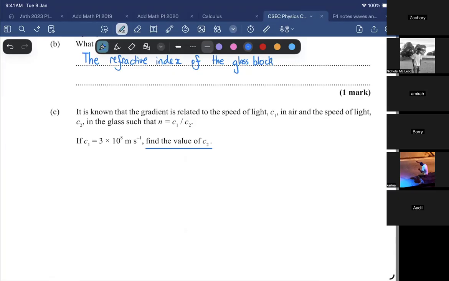Zachary, I promise it's right there. Call out the formula for me that you're seeing. N is equal to C1 over C2. Yes.